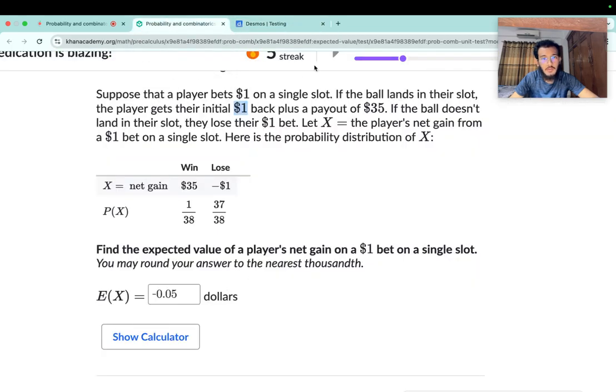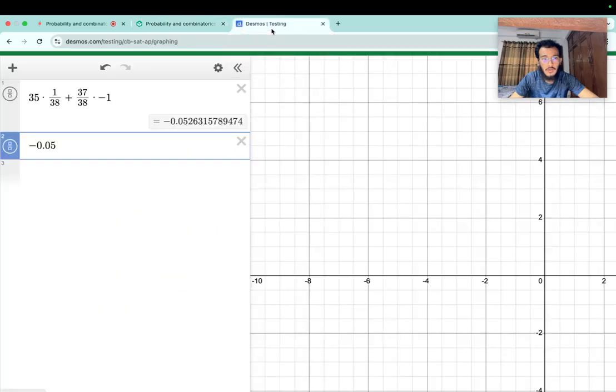So on a $1 bet on a single slot, negative 0.05.